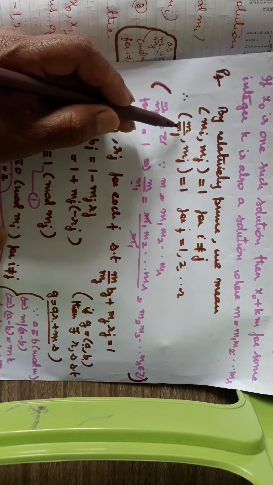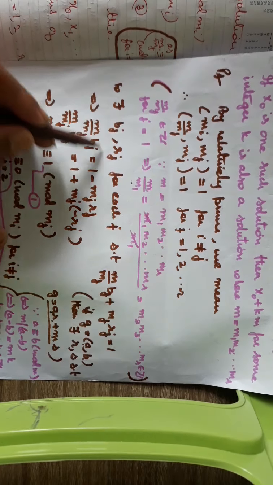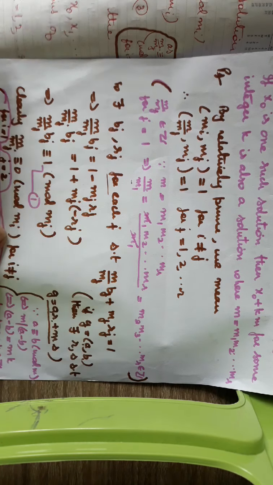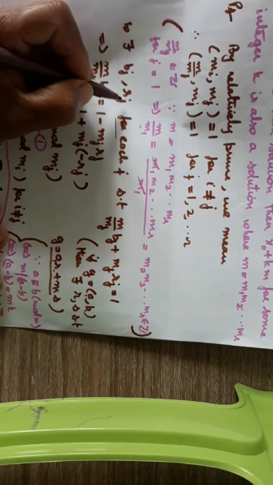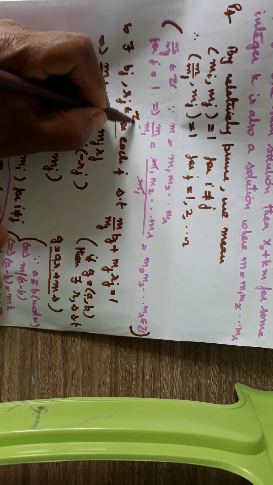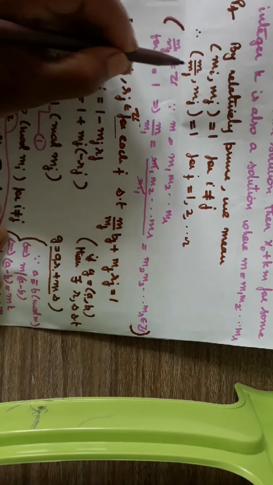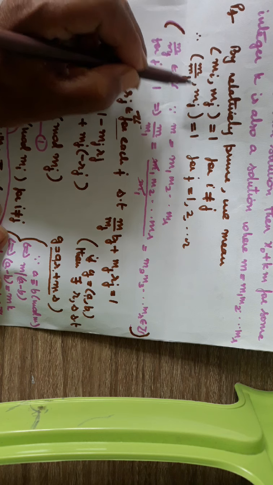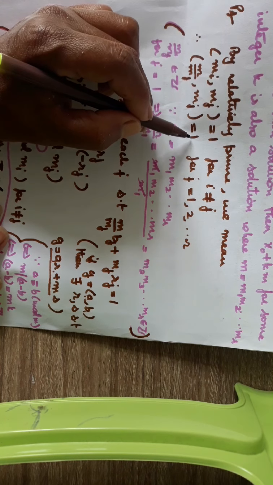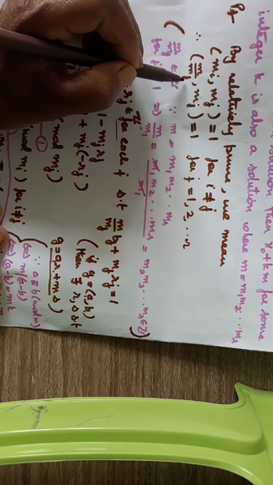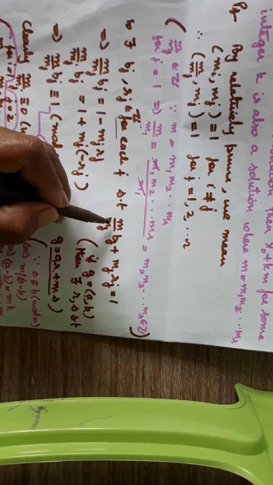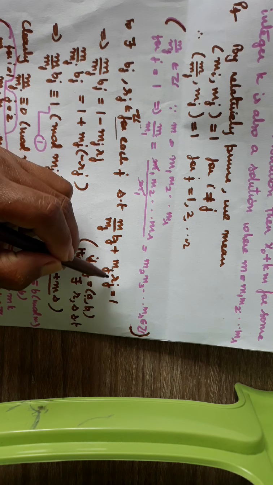So there exist bj and rj belonging to the set of integers, for each j, such that 1 can be expressed as a linear combination of m by mj and mj, that is m by mj into bj plus mj into rj will be equal to 1.